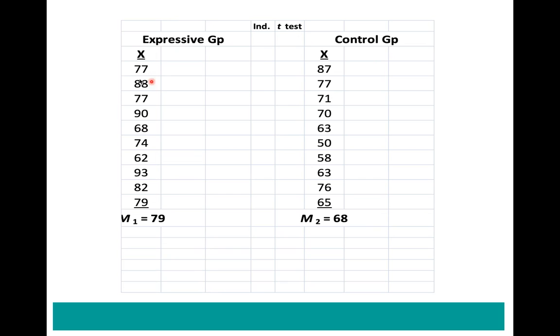Each of these numbers represents an individual within each group, and these numbers are our outcome, our dependent variable, health score. We list all of our expressive writers, and we find that their mean is 79. We list all of our control group, our non-expressive writers, and we find that their mean is 68. Add them up, divide by 10.